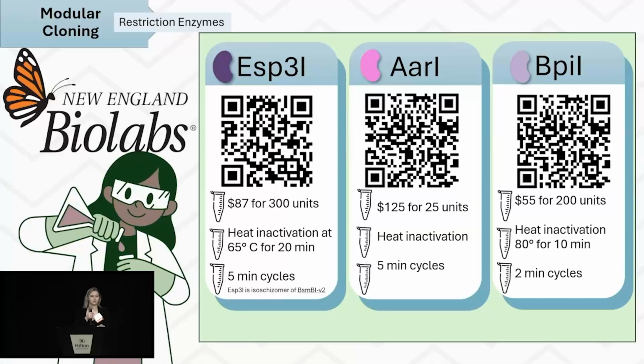So the three most common are Esp3I, AarI, and BpiI. So these are a little bit more expensive, and they take a little bit longer than BsaI, which is why BsaI is typically more commonly used. But you need a second enzyme if you're hoping to cycle, as we'll get into later.